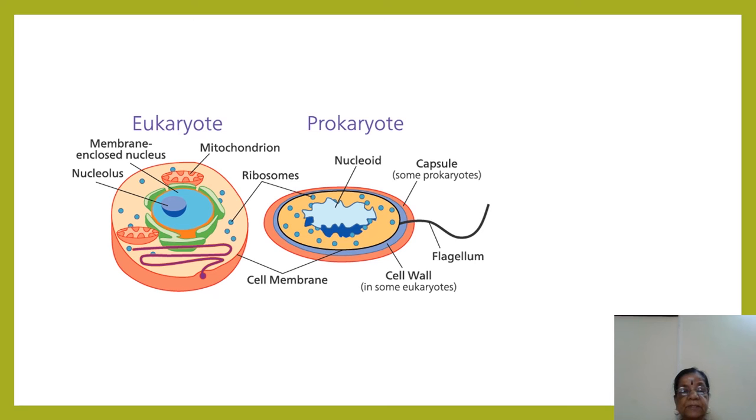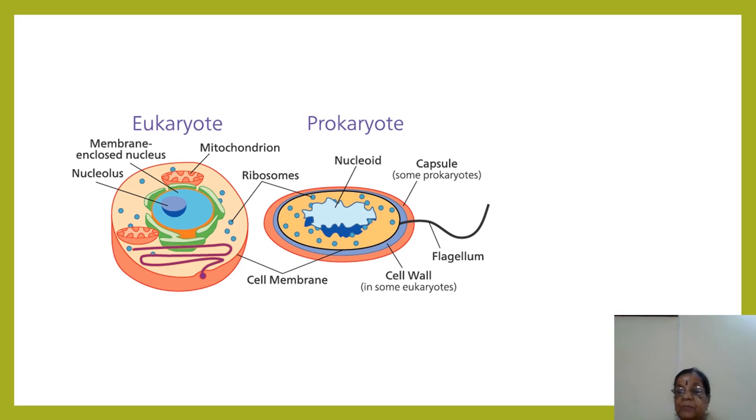The major difference between prokaryote and eukaryote is always with reference to the structure of the nucleus. In the prokaryote, the nucleus is represented only by the genetic material, with absence of nucleolus and nuclear membrane. Normally unicellular organisms represent the prokaryotic cell.